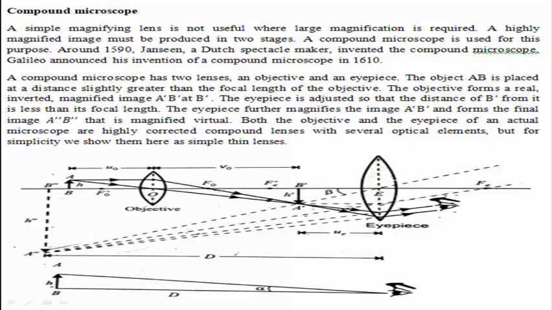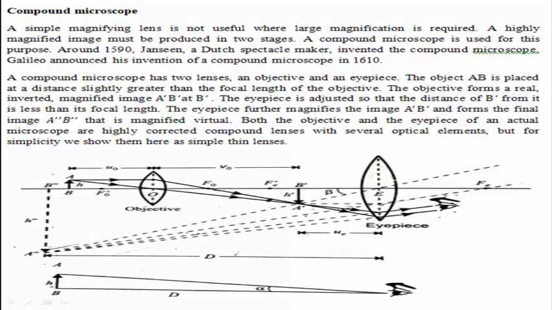The eyepiece is adjusted so that the distance of A'B' from it is less than its focal length. The eyepiece further magnifies the image A'B' and forms the final image A''B'', that is your magnified virtual image.